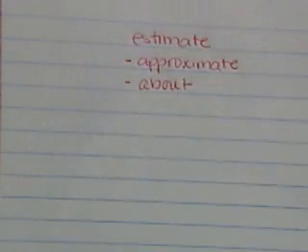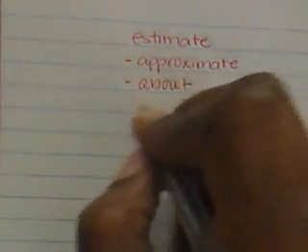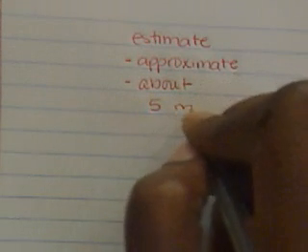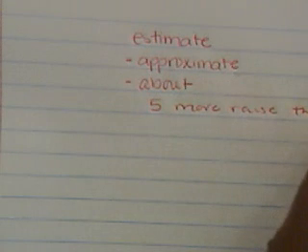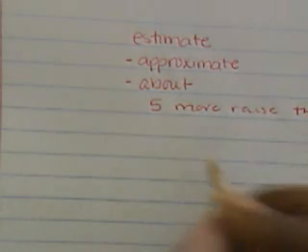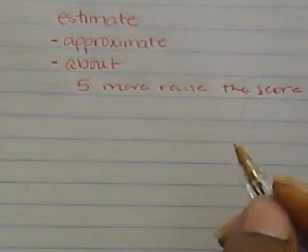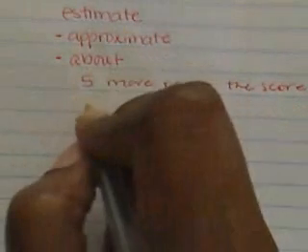I have a rule for y'all. You know how last year y'all learned 5 or more, raise the score, 4 or less, let it rest. Now we're going to change that for fractions.